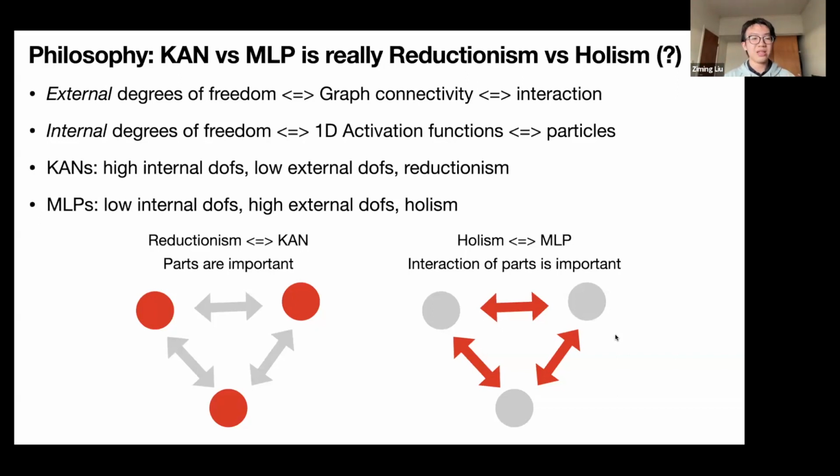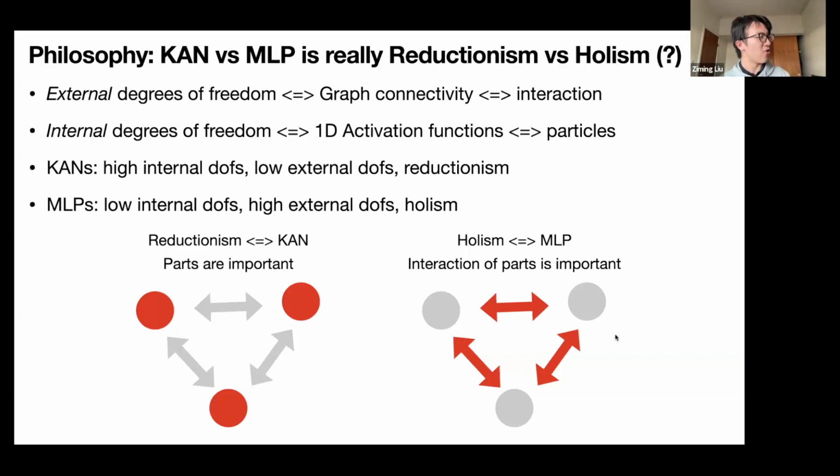For MLP, the philosophy is that we can make each fundamental unit quite simple. It just has fixed activation functions and linear connections. But what's important is that you have many neurons that interact with each other, although the details of one single neuron may not matter that much. So that's the idea of MLP.